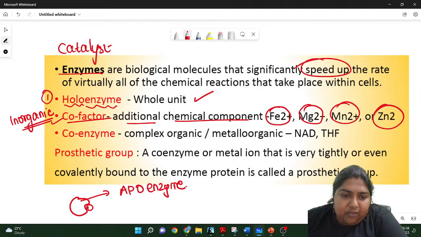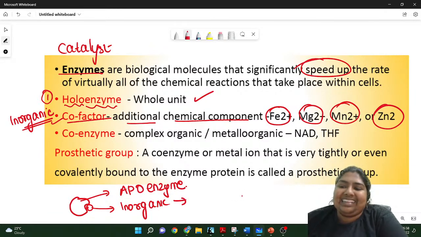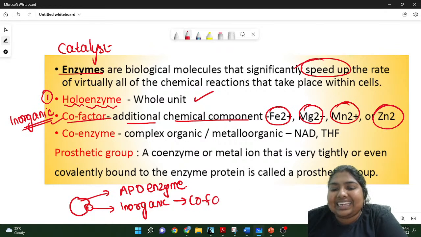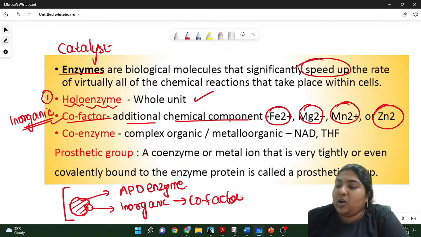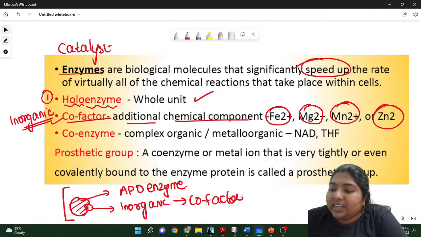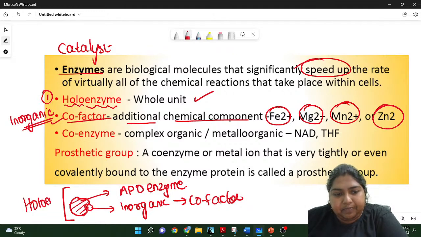So this small fellow, if he is inorganic, will be called a cofactor. This big region is what is called the apoenzyme. Together, this apoenzyme along with this cofactor make up the holoenzyme.